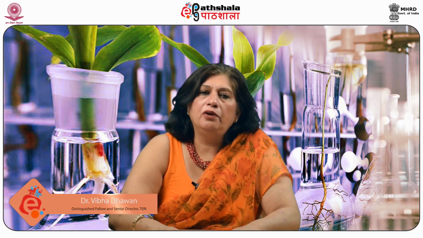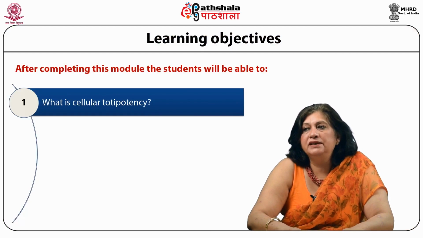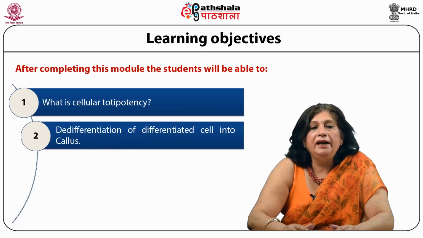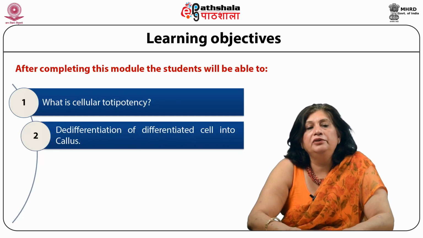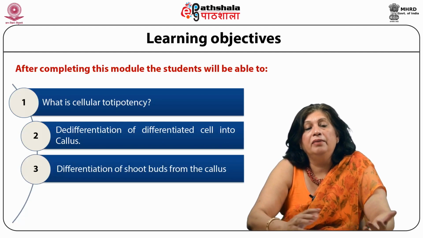Today we are going to talk on module Organogenesis under the paper Plant Biotechnology and Crop Improvement. Now what we are going to learn in this module is the basic principle of cellular totipotency. How do we make a differentiated cell into a dedifferentiated cell, and rather a mass of that called callus, and thereafter induce organogenesis, complete plants out of it by two methods.